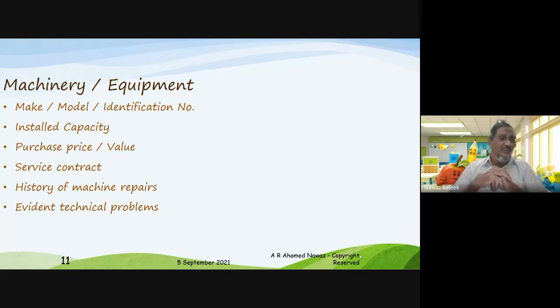Due to the heavy demand, the customer ran the machine 24 hours, which means 3 shifts of 8 hours. So within 1 year, 3 years' worth of production had been made and sold, and profits earned.